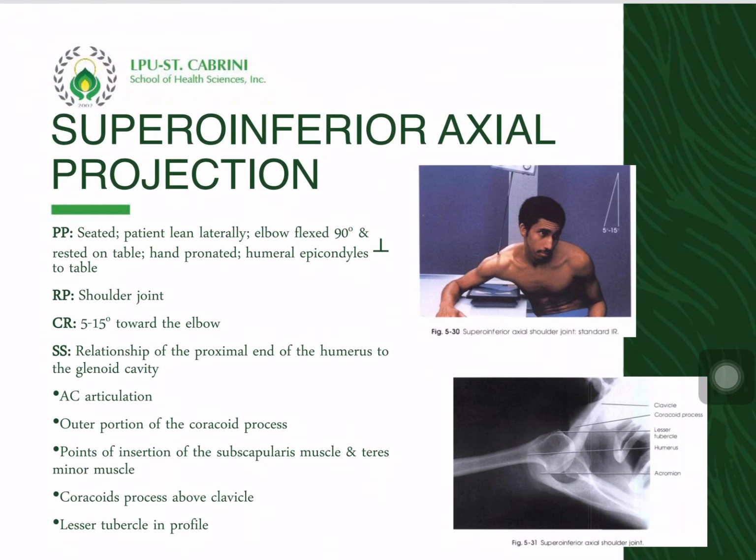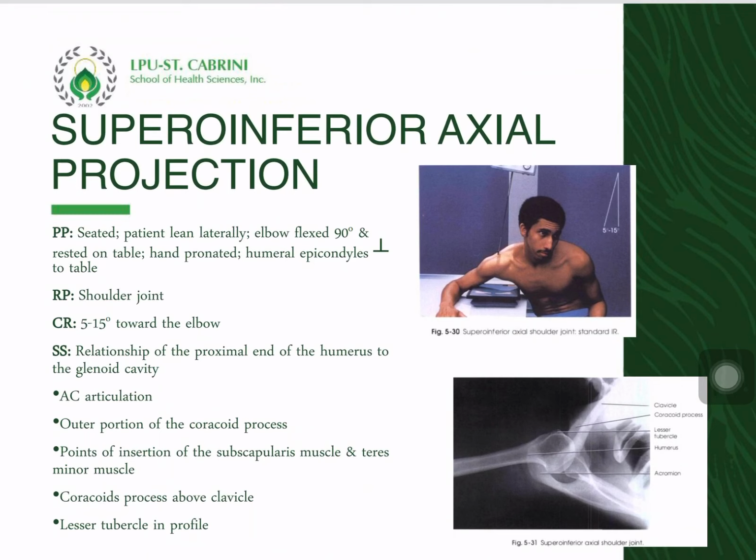The next projection is the superior inferior axial projection. Here, the patient is seated at the end of the radiographic table high enough to enable extension of the shoulder under examination. The IR is placed near the end of the table and parallel with its long axis. Have the patient lean laterally over the IR until the shoulder joint is over the midpoint of the image receptor.